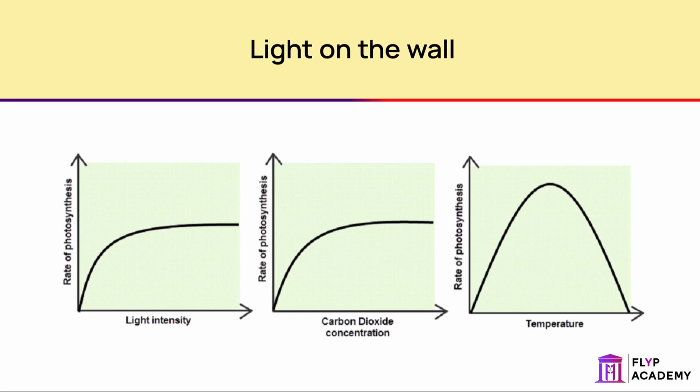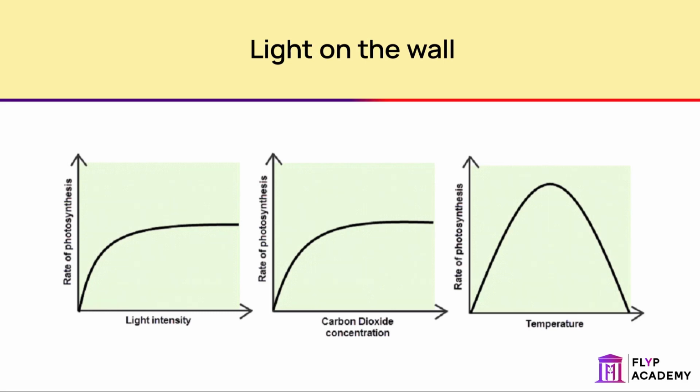The graph shows how the rate of photosynthesis changes as the light intensity, carbon dioxide concentration, and temperature increase. You can see that on both the light intensity and carbon dioxide concentration graphs, the line levels off and becomes horizontal.